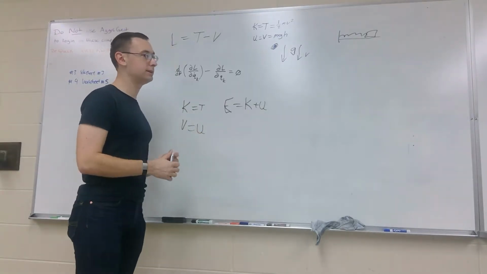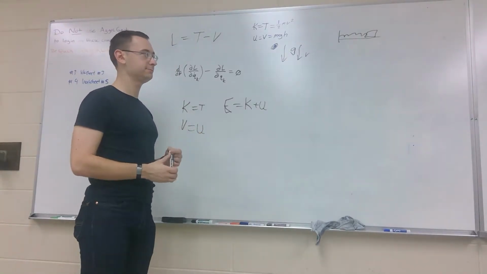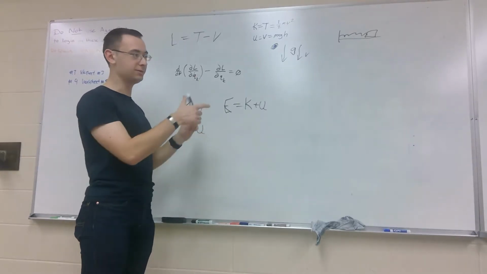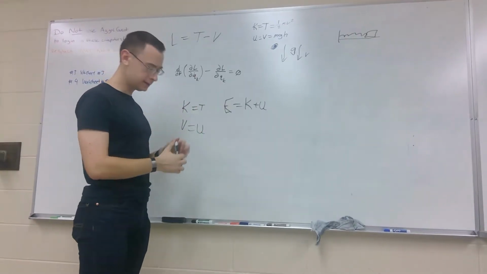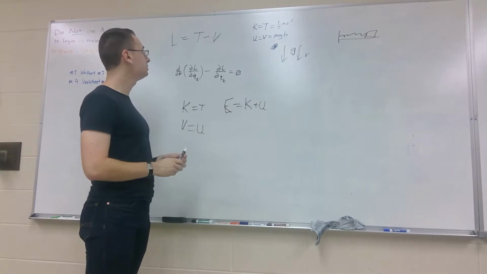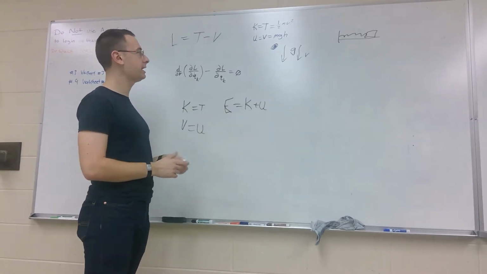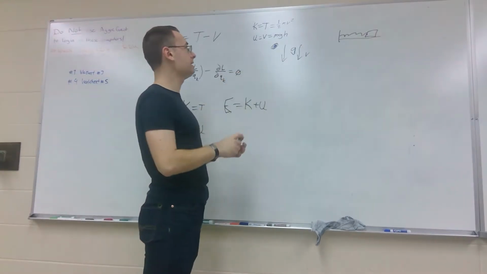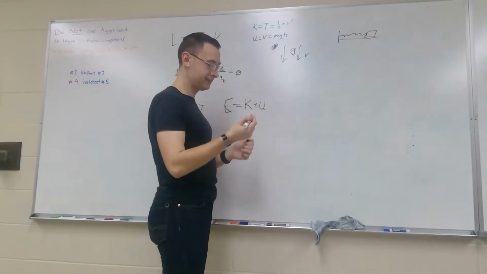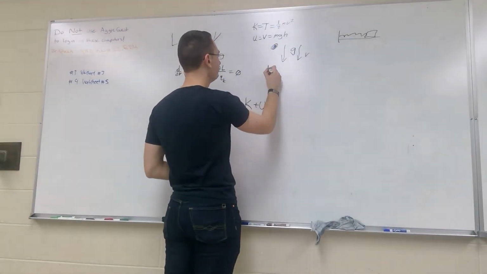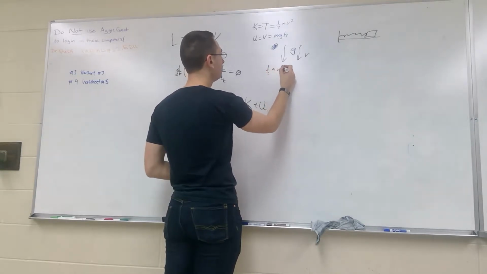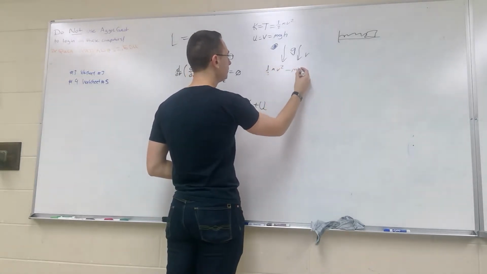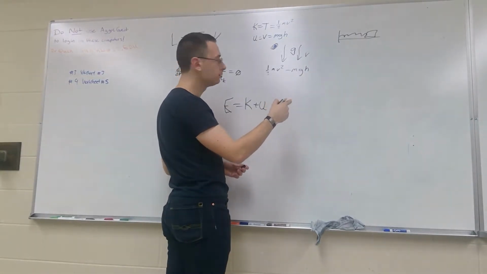So then the other one that was covered a lot, even more than either of those, was the Lagrangian. And you find the Lagrangian by taking the kinetic minus the potential. So with this problem, that would be, may as well write it down. Is that big enough for the camera to pick it up? Nope.